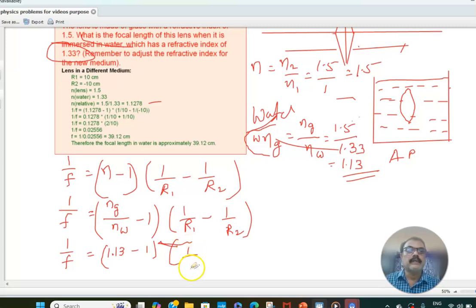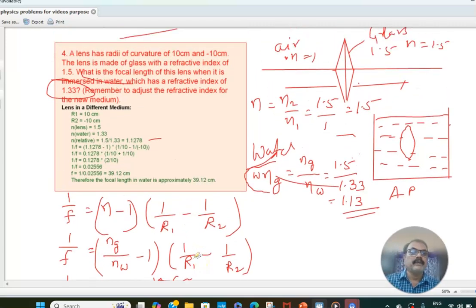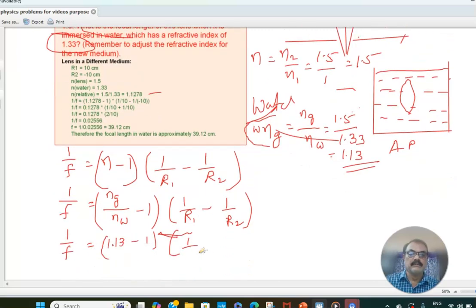R1 is how much? It is given. First focal length, already I told you, is given as 10 centimeter, minus 10 centimeter. Very simple. So it will become 1 by 10 minus 1 by minus 10. So plus 10 हो जाएगा, 2 by 10, 1 by 5 हो जाएगा. 5 into calculator. That's all.